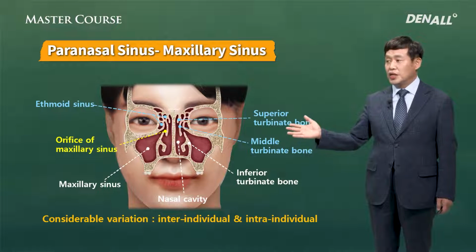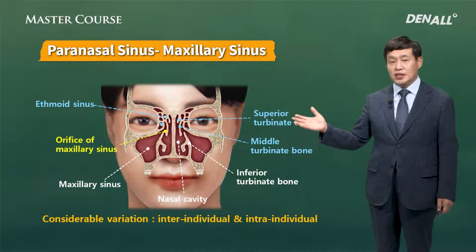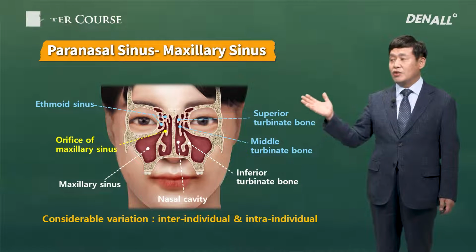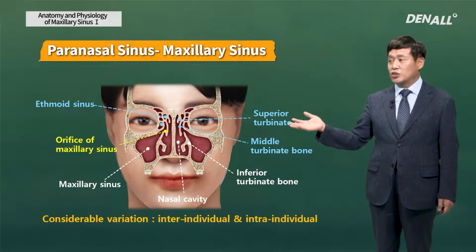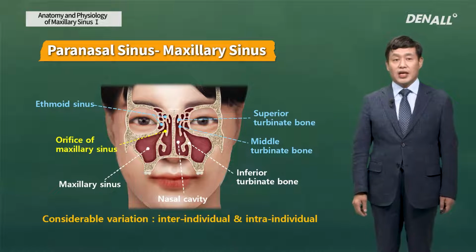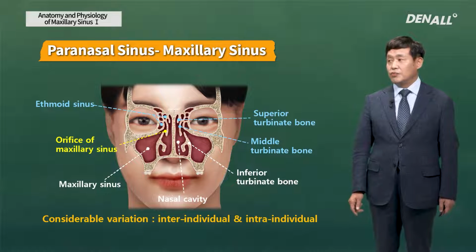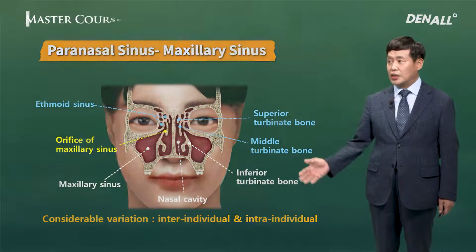As I said before, the size of the sinus differs between individuals, and there is a difference between left and right in the same person. So the shape and size should be checked using X-ray.